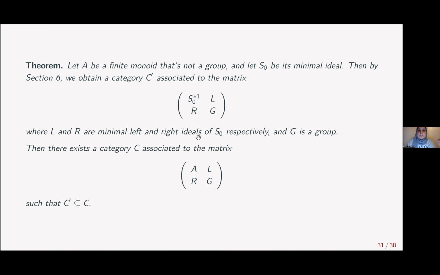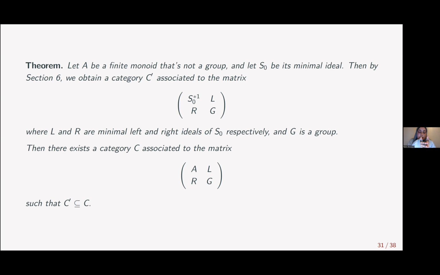But because of the previous lemma, L and R are not only minimal left and right ideals of S0, they're also minimal left and right ideals of A, so I can extend this category C prime to a category C associated with the matrix A, L, R, and G, such that C prime is contained in C.